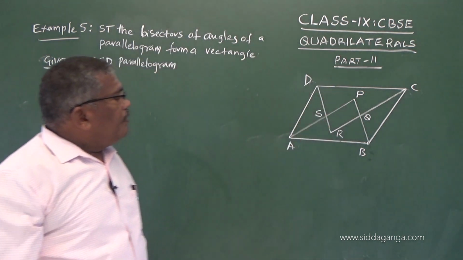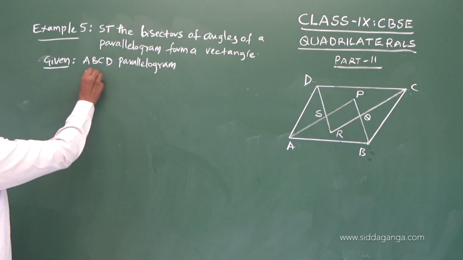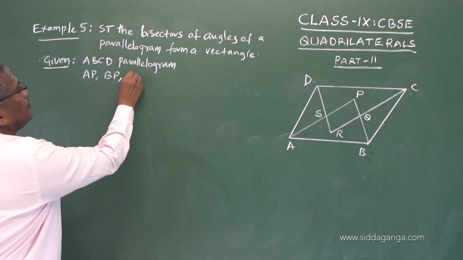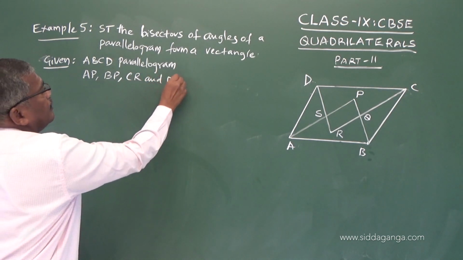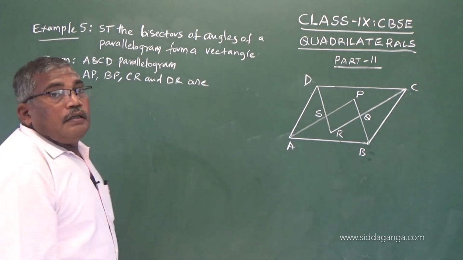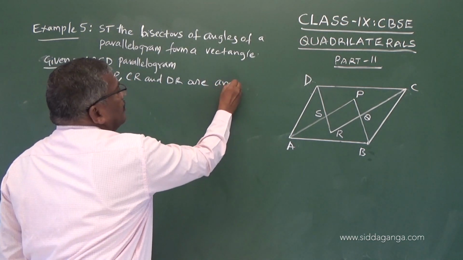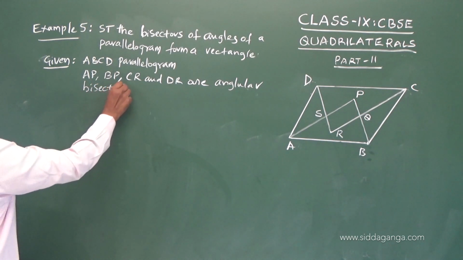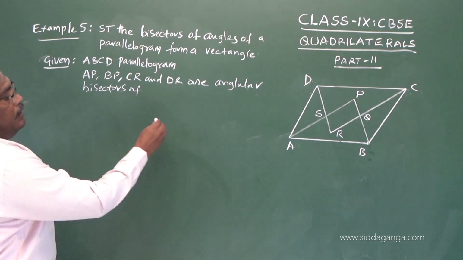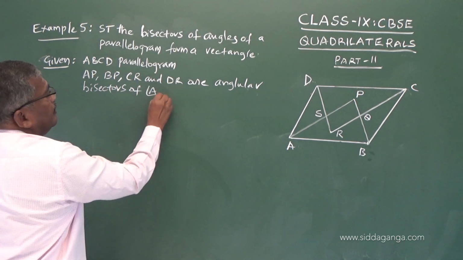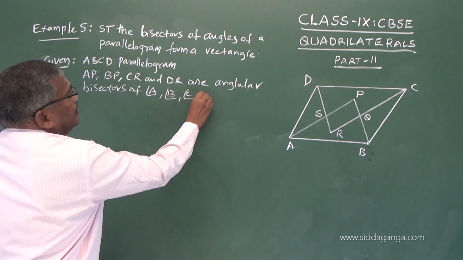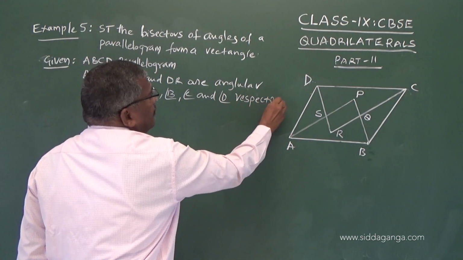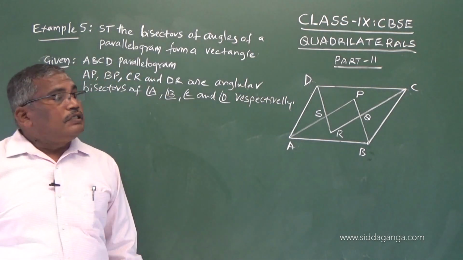AP, BP, CR and DR are angular bisectors of angle A, angle B, angle C and angle D respectively.